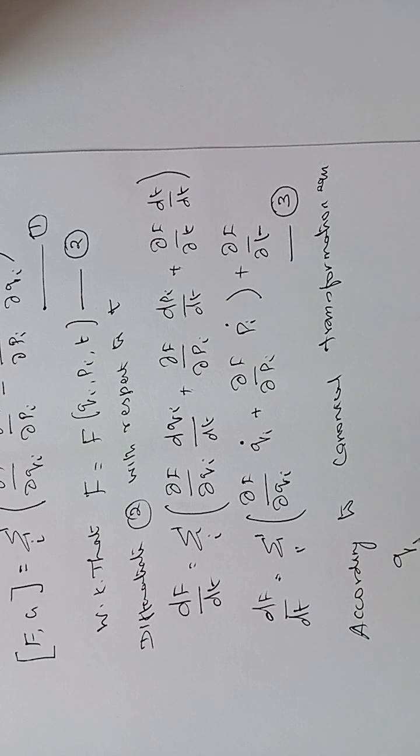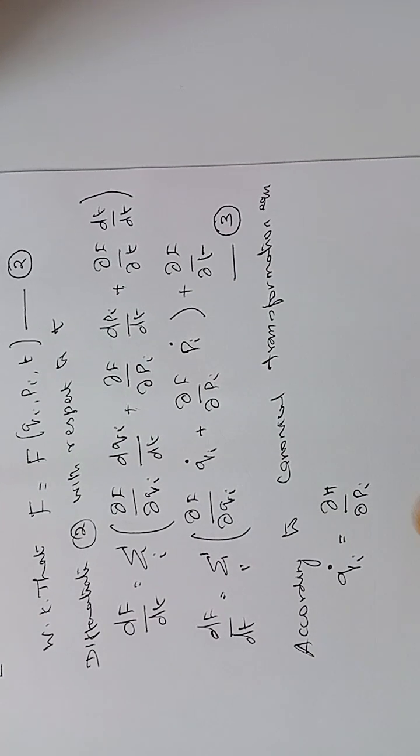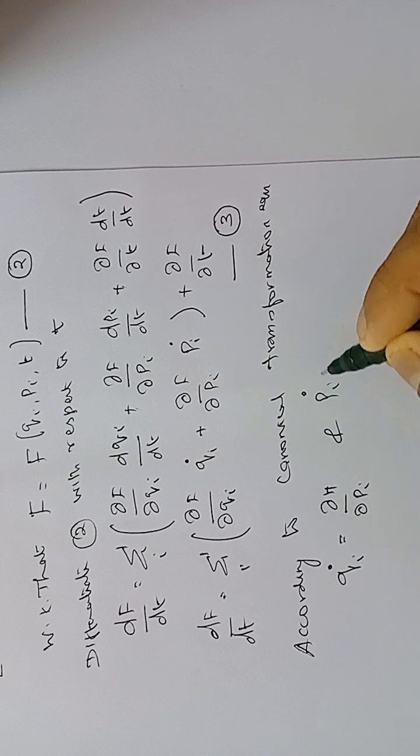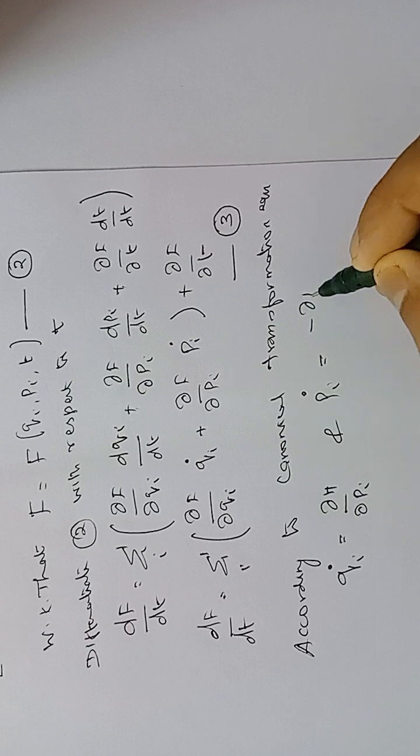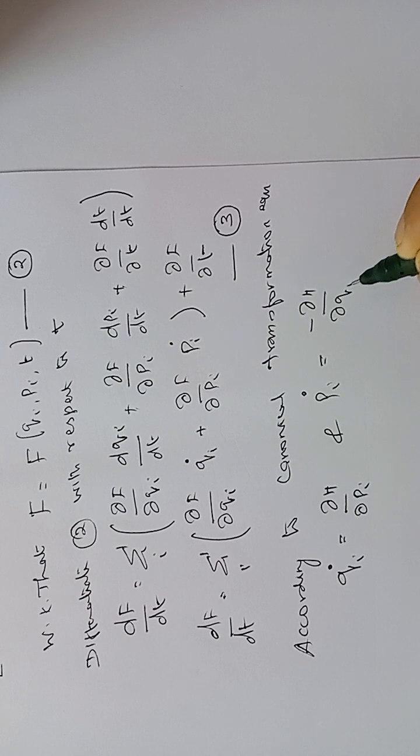So what is it? qi dot is equal to dou h by dou pi. You just refer to that video and you will understand, or if you have these notes, you saw this. So qi dot is equal to dou h by dou pi, and pi dot is equal to minus dou h by dou qi.